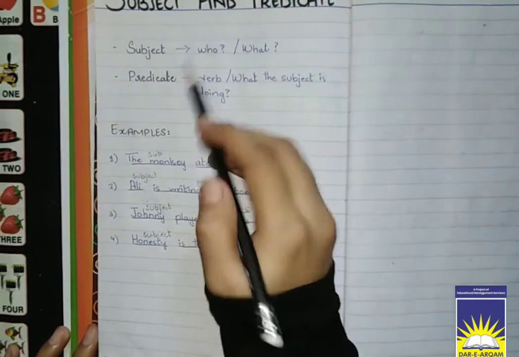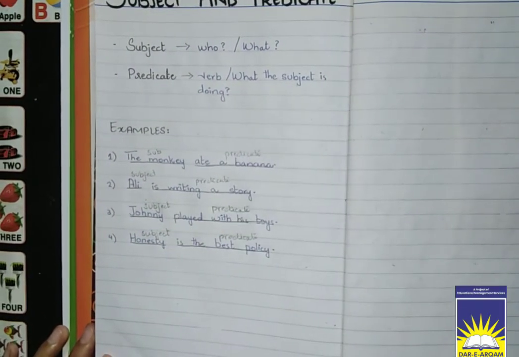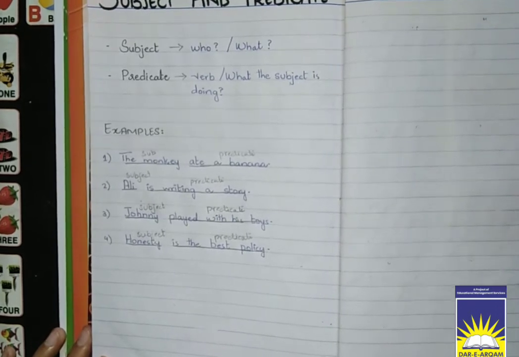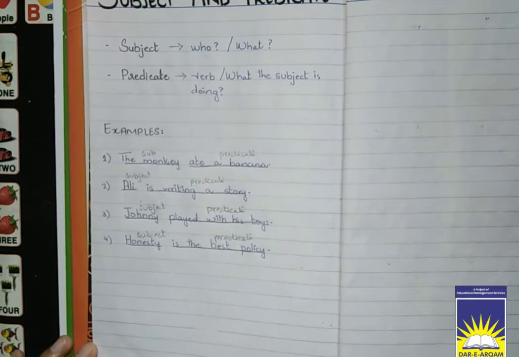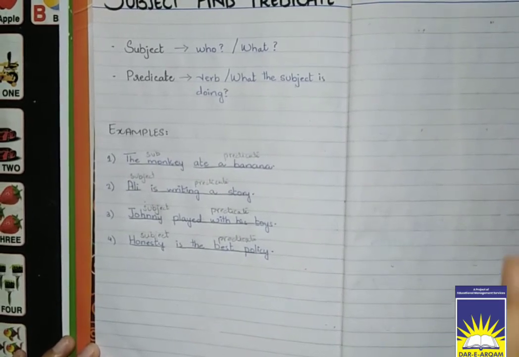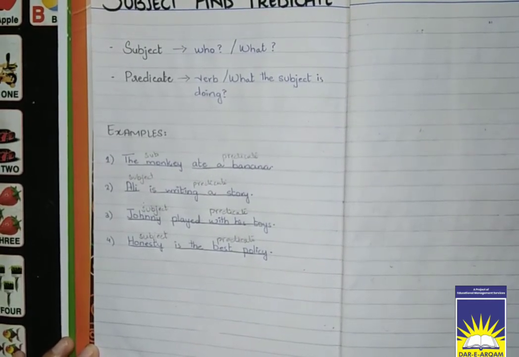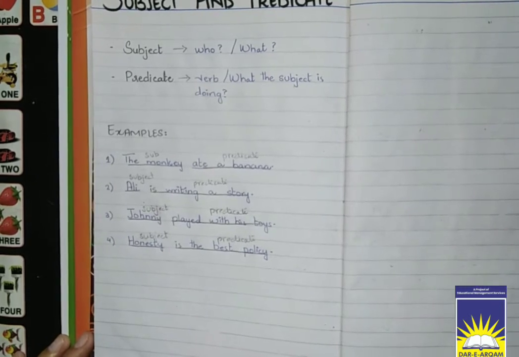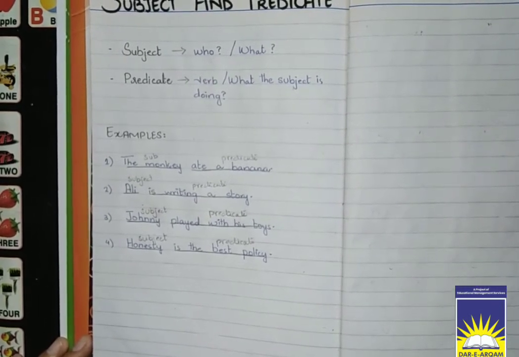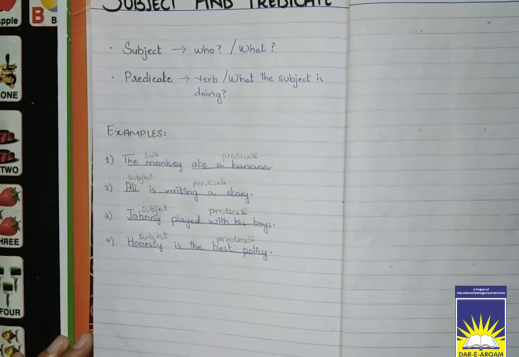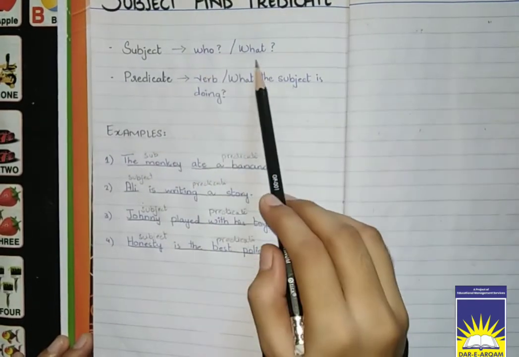Very good. Now I am summarizing the whole lecture with the steps. Whenever you are going to find the subject and predicate in a sentence, the first thing you have to do is find the verb. The second thing is to find the subject: you have to answer one of two questions, who or what.